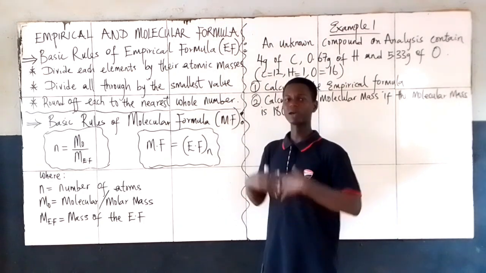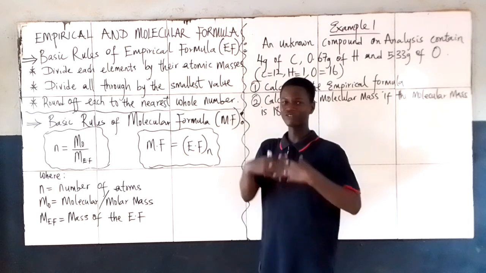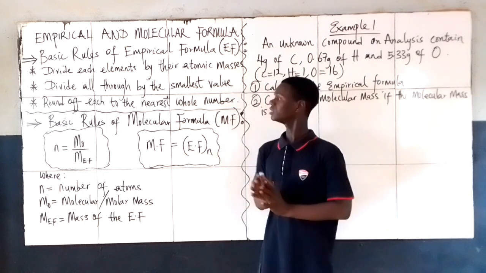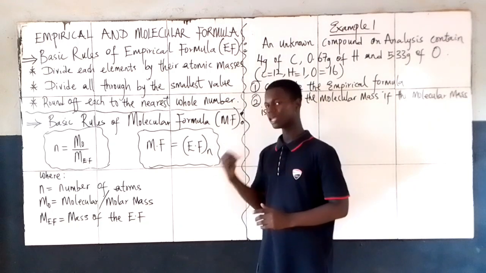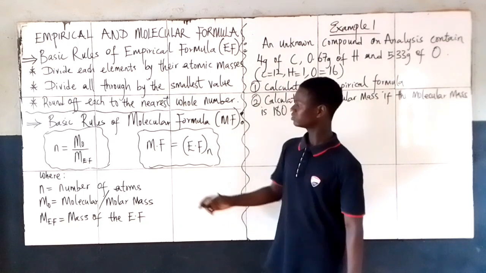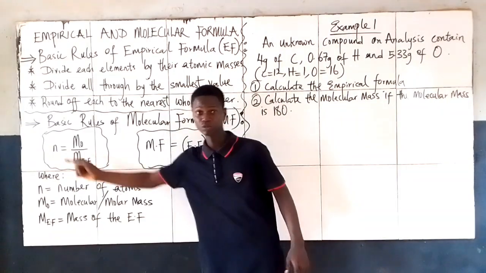Now sometimes you might be asked, furthermore, to find the molecular formula of the compound. How do you get the molecular formula? There are two formulas to be employed. This is the first to be used.